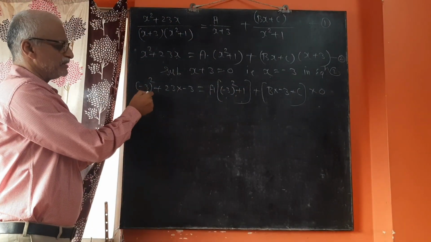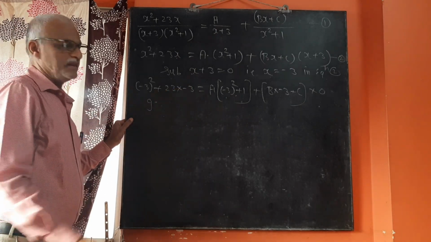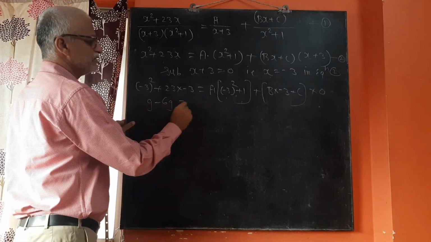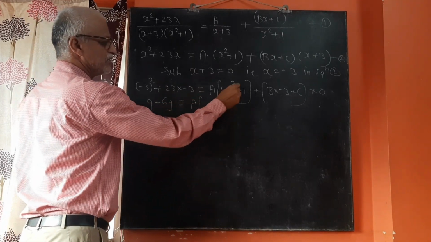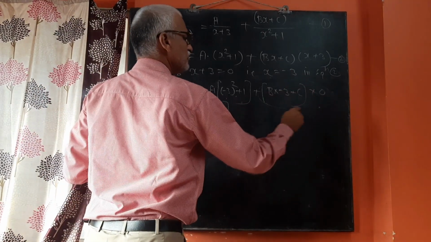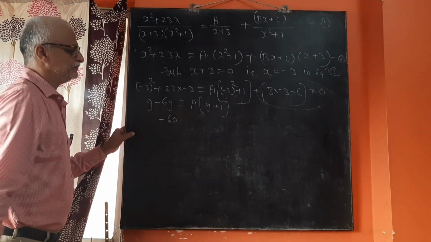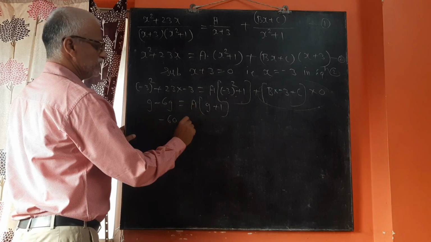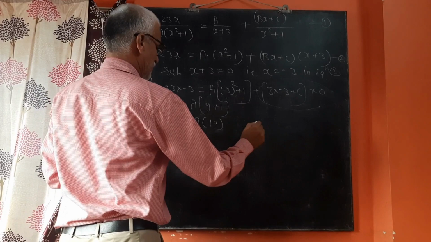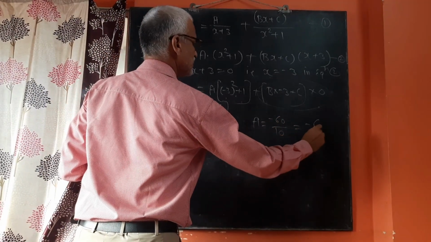Minus 3 square is 9. 23 into minus 3 is minus 69. 9 minus 69 equals A into (9 plus 1). This whole term equals 0. 9 minus 69 is minus 60, equals A into 10, and therefore the value of A equals minus 60 upon 10, which is minus 6.